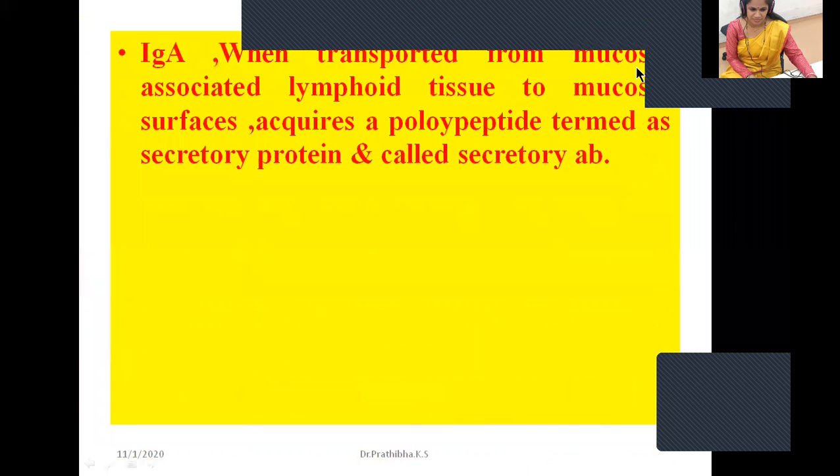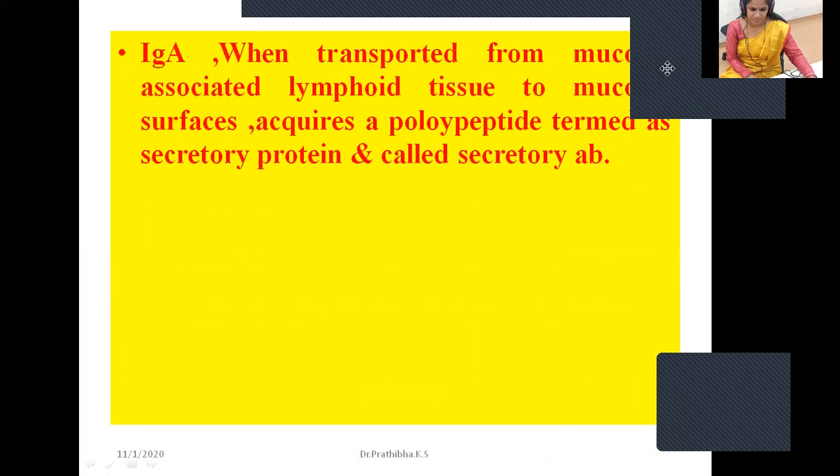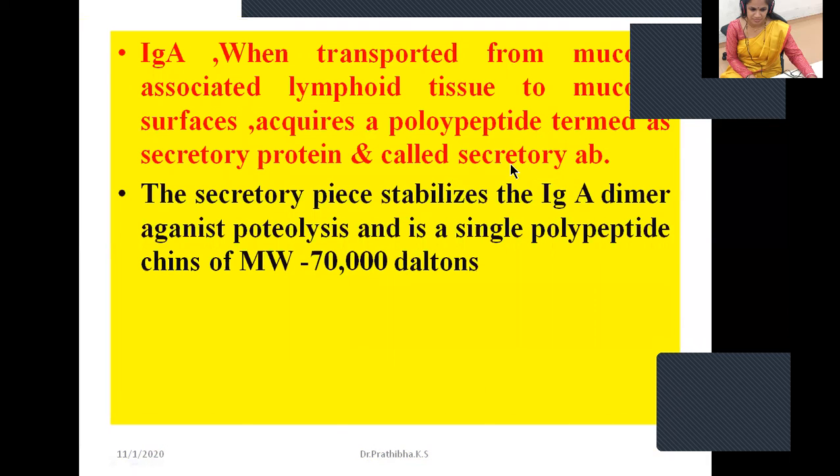IgA, when transported from mucosal associated lymphoid tissue to mucosal surfaces, acquires a polypeptide termed the secretory protein, and is called secretory antibody or immunoglobulin. The secretory piece stabilizes the immunoglobulin A dimer against proteolysis and is a single polypeptide chain of molecular weight 70,000 Daltons.